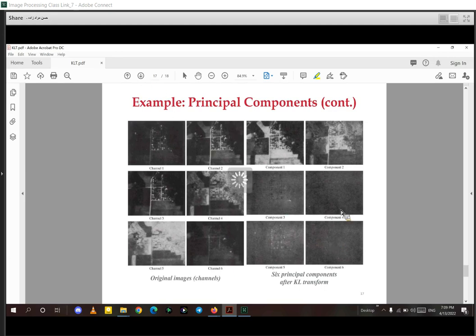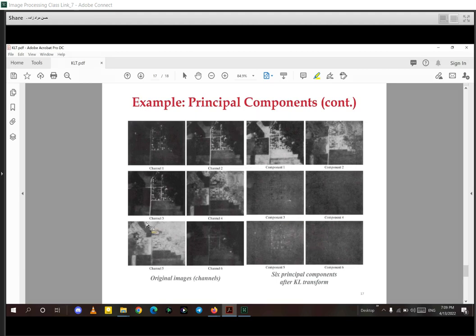And go to the last slide. Another example, original image on the left and principal components on the right.